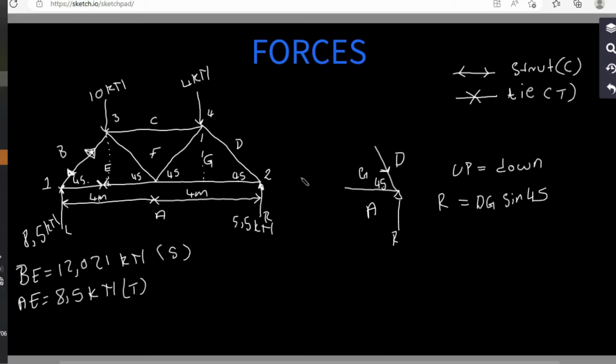We're using the angle that the force makes with the horizontal, therefore it's a sine because it's the vertical component. DG will be equal to R, which is 5.5, divided by sine 45.